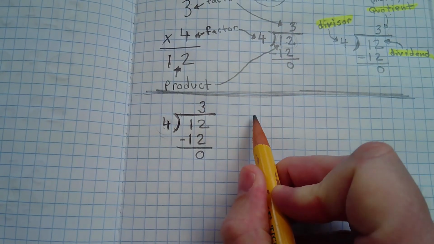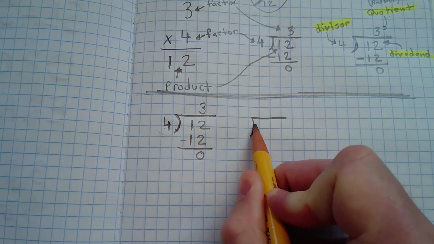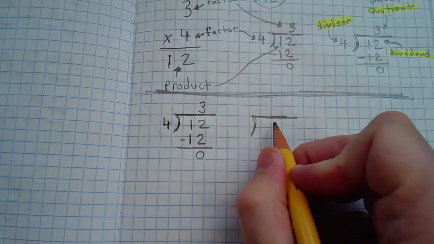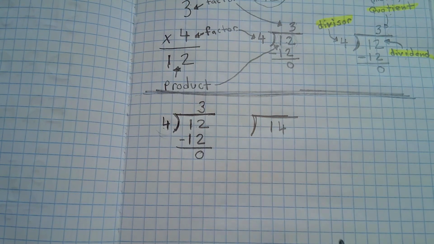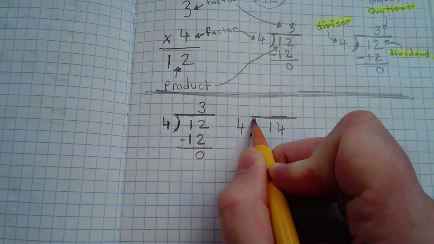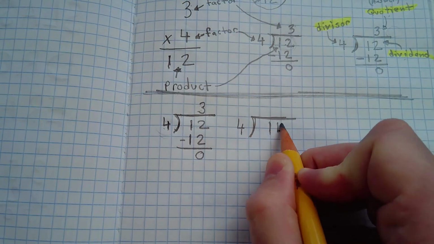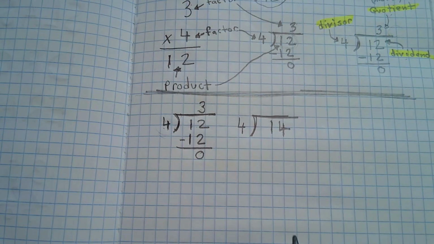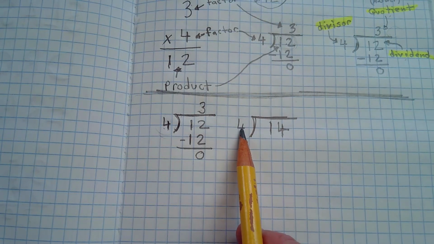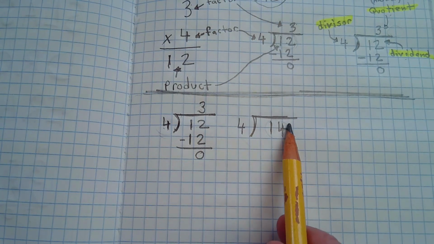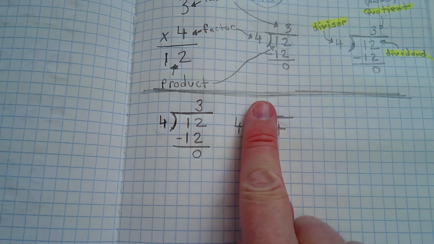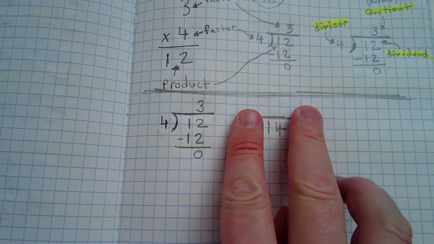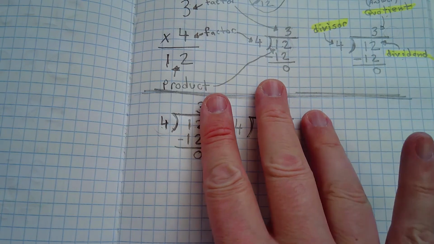What if instead it was a 14 on here? 14 as the dividend, and our same 4 over here is the divisor. So the same question is, how many times can 4 go into 14 without going over? 1 time would be 4, 2 times would be 8, 3 times 12, 4 times would be 16.